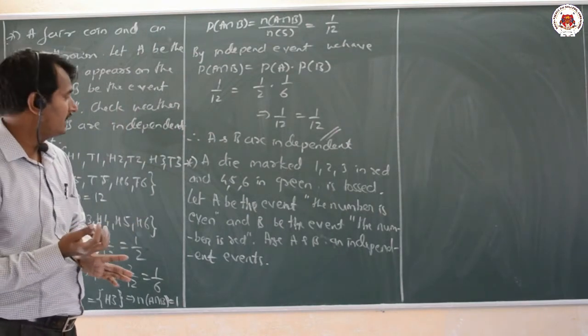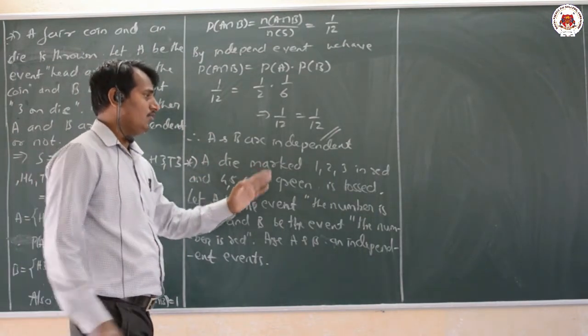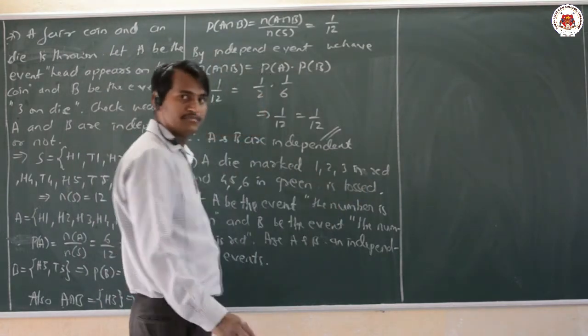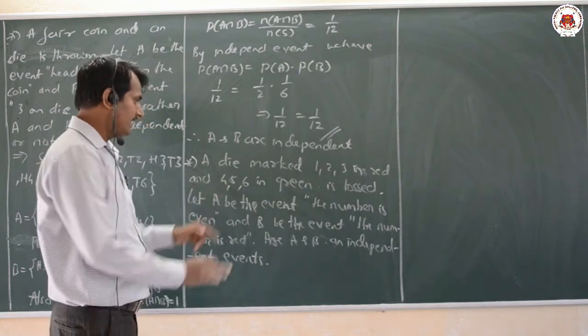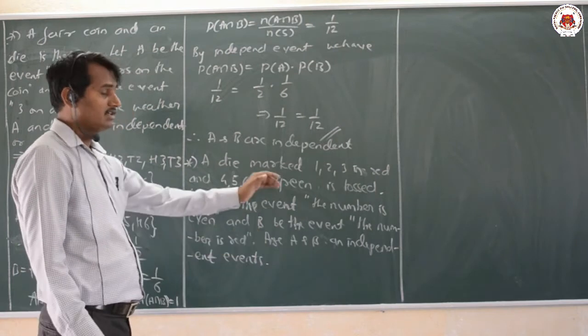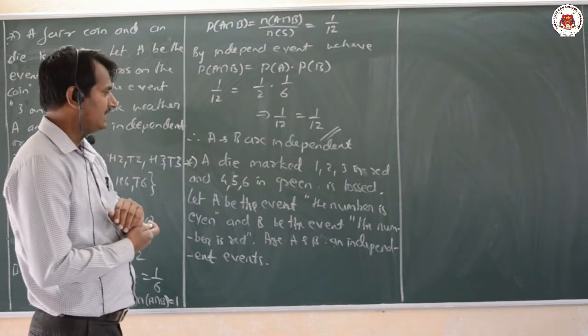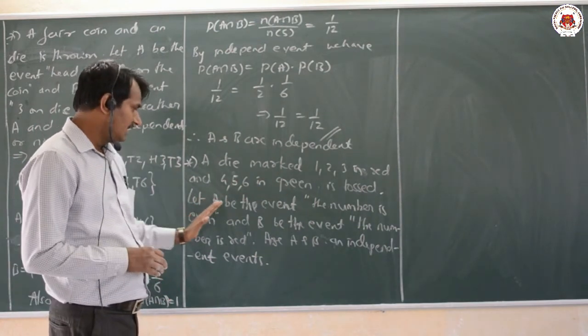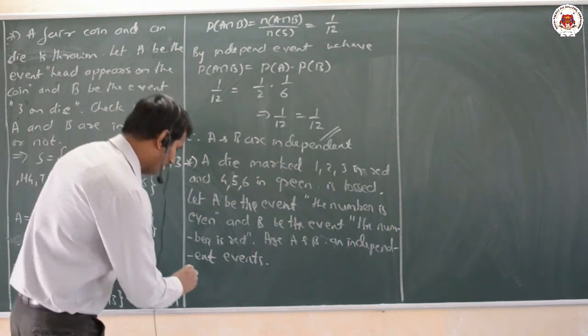Then let us move on to the second problem: a die marked 1, 2, 3 in red and 4, 5, 6 in green is tossed. Now what is the sample space here?